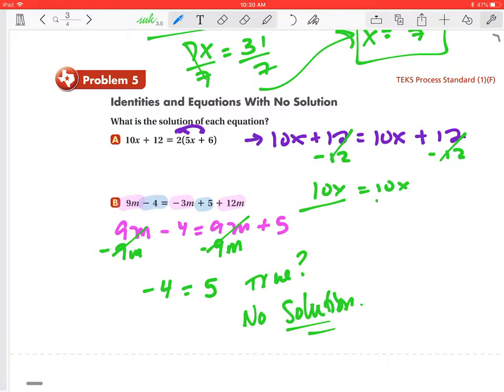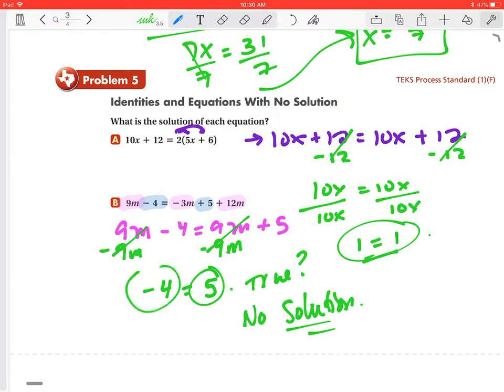If I divide both sides by 10x, that would give me 1 is equal to 1, okay? So that would be true, and look, I have constants. So don't just think that because you have a constant in each expression and no variable left, it's no solution. Be very careful and make sure that you understand that.